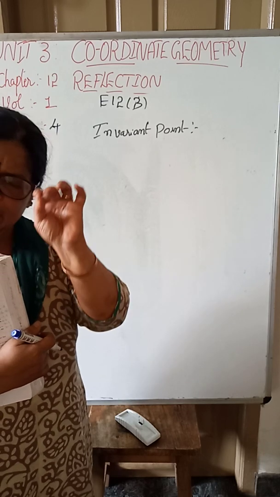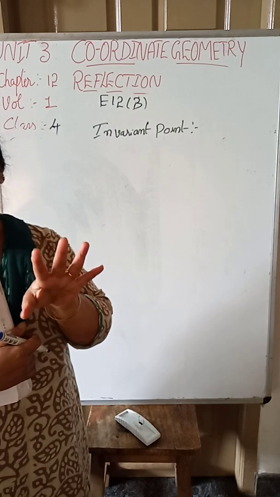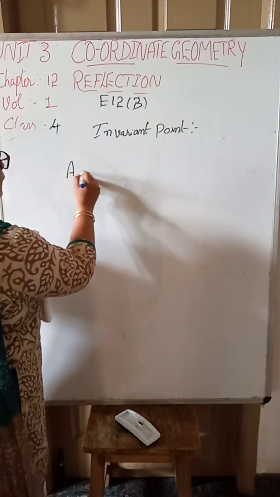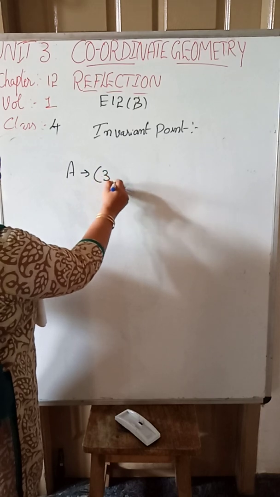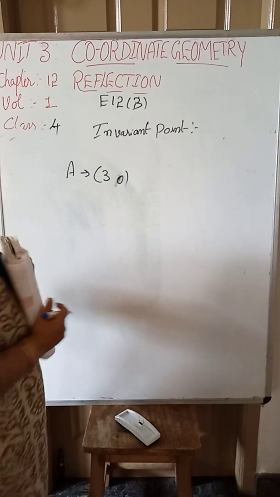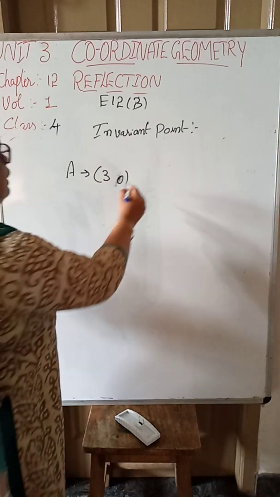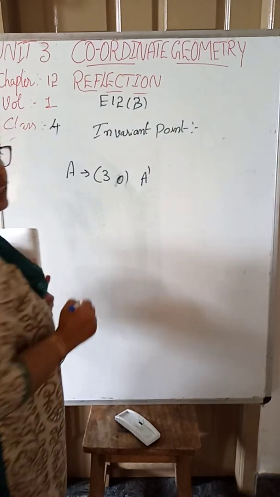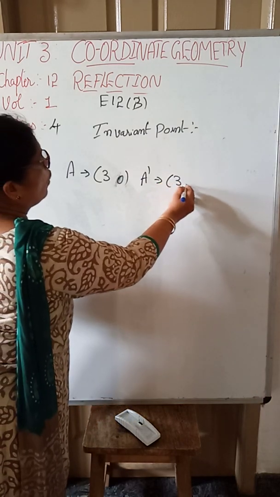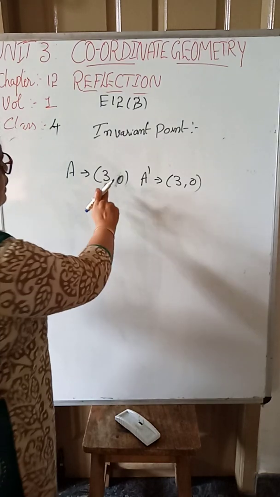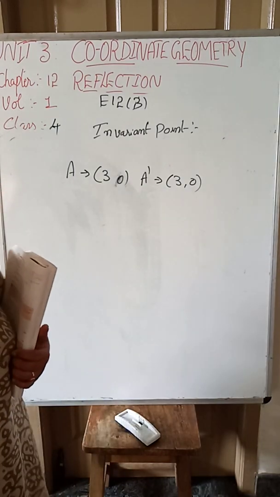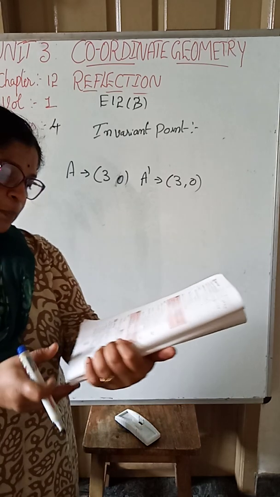The image will be in the same place. Then they are said to be invariant points. For example, if A is 3, 0, then A dash, when reflected in the same line, gives 3, 0 itself. It doesn't change anything even after the reflection. Then it is said to be an invariant point.